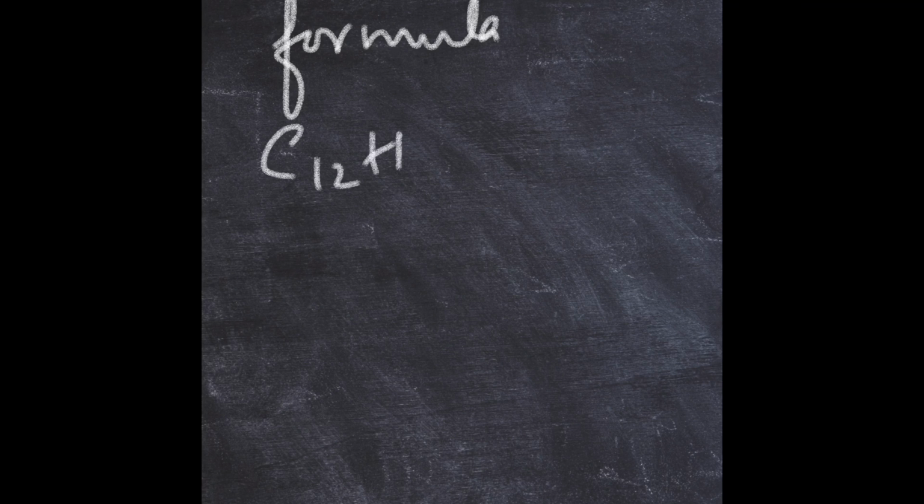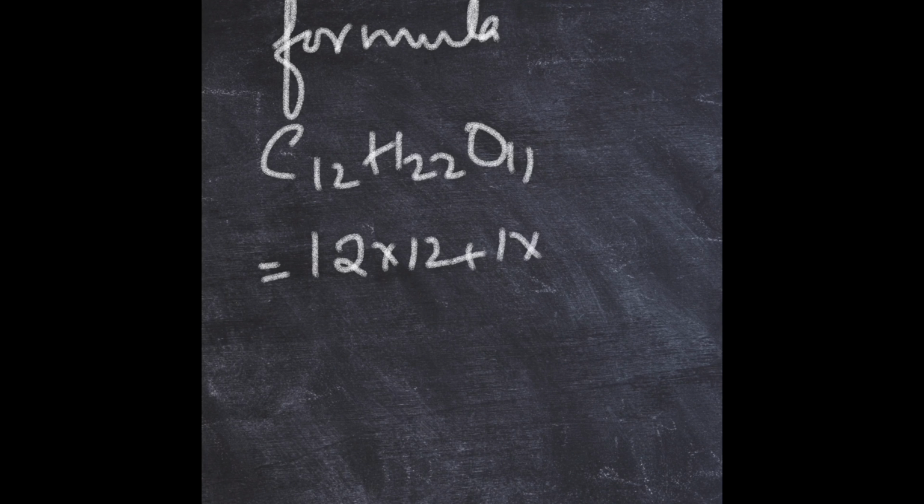So what you have to remember is, the formula of sugar is the formula of cane sugar, that is C12H22O11. First let's take out the molar mass of this, because it will come handy to us. 12 multiplied by 12 plus 1 multiplied by 22 plus 16 multiplied by 11.